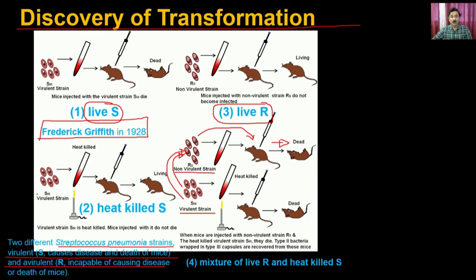Because of these four different experiments, Frederick Griffith discovered the idea that DNA is transferred from one bacterial species to another, and that it transformed the avirulent strain into a virulent strain, and that's how he gave the concept of transformation.